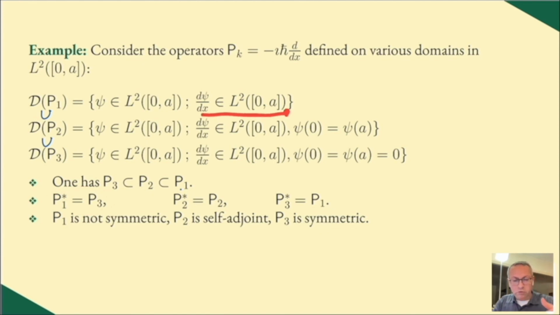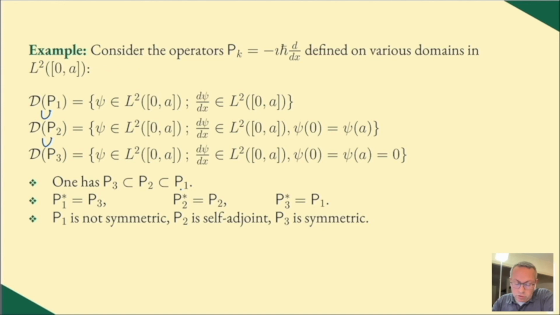And in order for the formula of integration by parts to work without boundary terms, you should impose these conditions so that there are no boundary terms. And similarly, you get these adjoints.